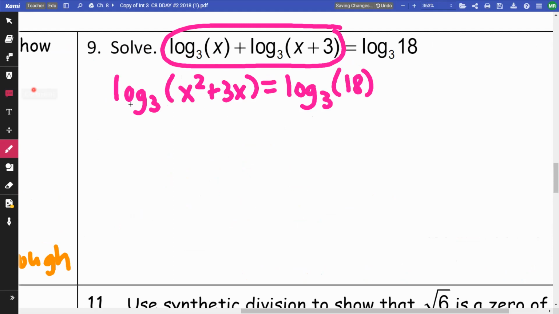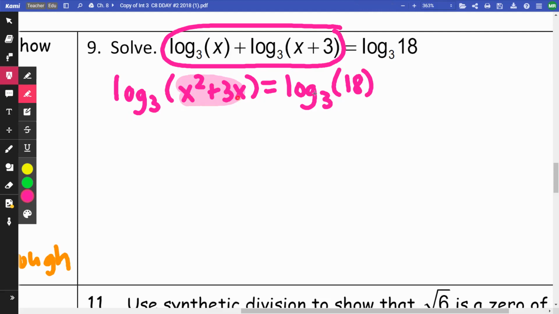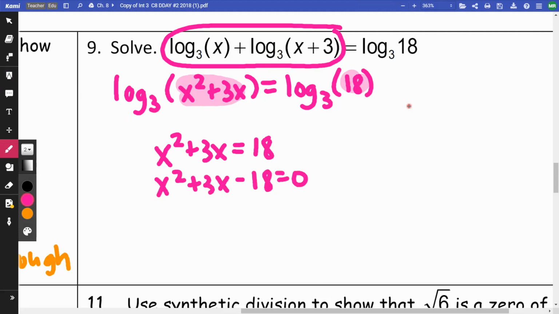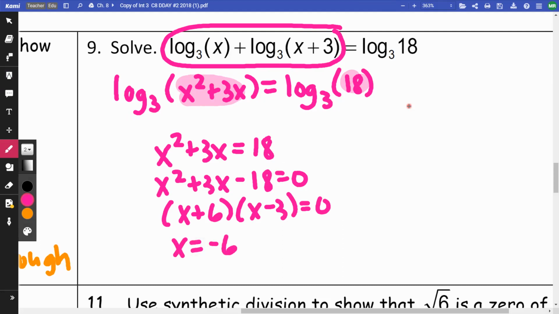So when you have a log base 3 equal a log base 3, what has to happen is this has to equal this. So I am going to basically work out x squared plus 3x equals 18. So x squared plus 3x minus 18 equals 0. So that's going to be x plus 6, x minus 3 equals 0. So I get -6 and 3.